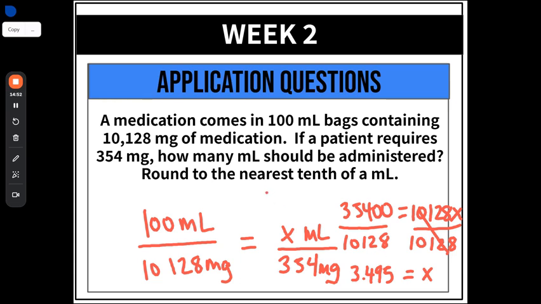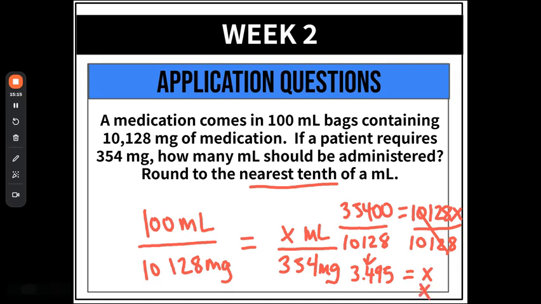But the question is asking us to round to the nearest tenth. So we're going to look at this digit right here, since this is the tenths place. And then we take a look to the right, and we see that this number here is larger than 5. So we're going to round up.